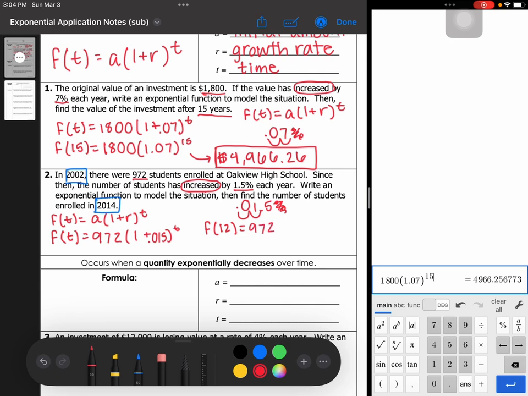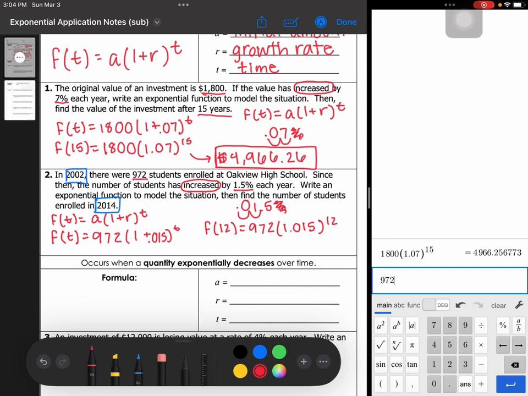I can go ahead and add the two numbers in the parentheses. Then again, I can go ahead and calculate it just by typing in the whole thing. So 972 times 1.015 to the 12th power.